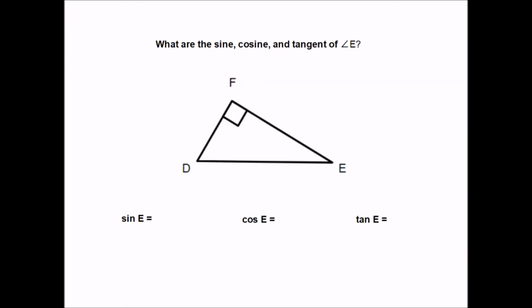So what are the sine, cosine, and tangent of angle E? First we're going to do this by sides. What I like to do first is find the hypotenuse. There's the 90-degree angle. It points to the hypotenuse. So the hypotenuse is down here, side DE. Now we're talking about angle E, so our reference angle is this one here.